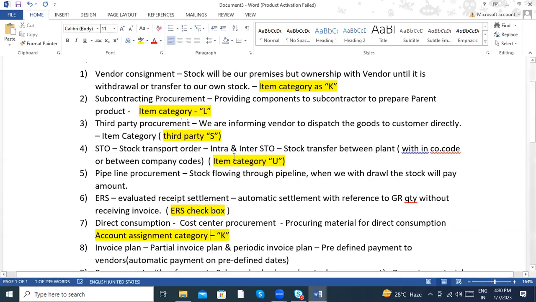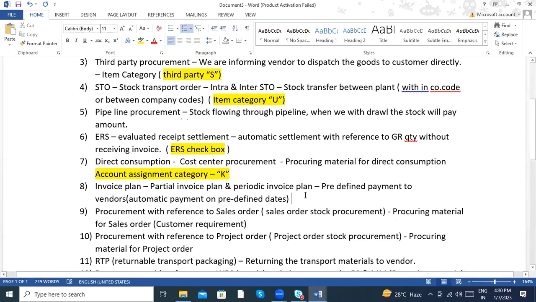Clear? Okay. And coming to the invoice plan as well, we have the invoice checkbox. The invoice plan button is there. There you need to select a periodic or partial invoice plan. For this, you also need to do some predefined document type, framework orders will have to be selected.